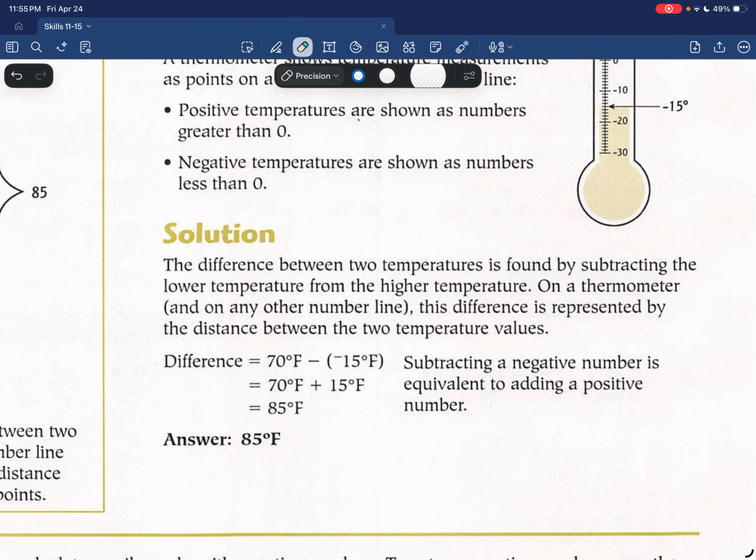On a thermometer and on any other number line, the difference is represented by the distance between the two temperature values. 70 degrees minus -15 degrees. Subtracting a negative number is equivalent to adding a positive number, and that gives us a distance of 85 degrees.